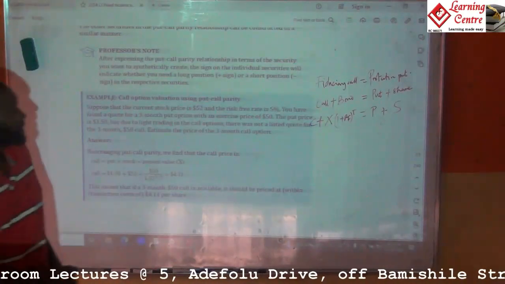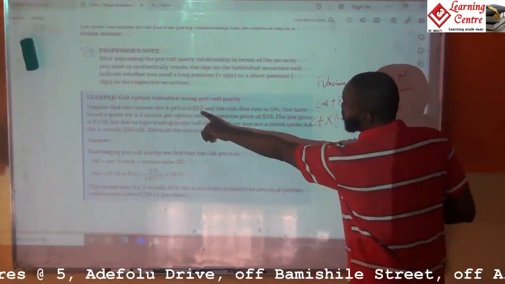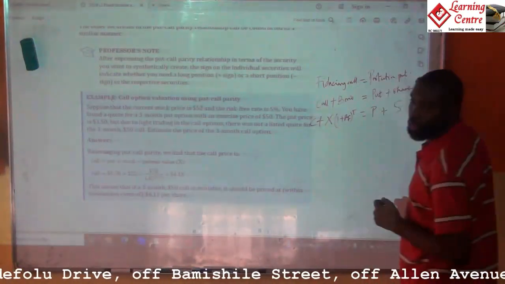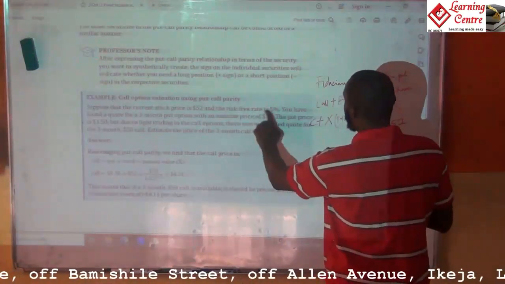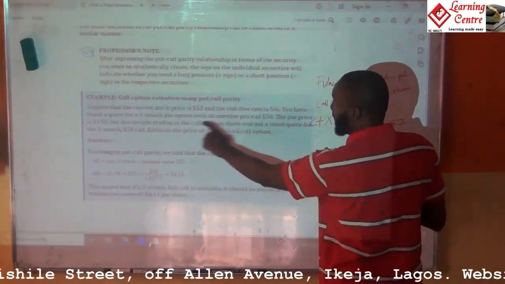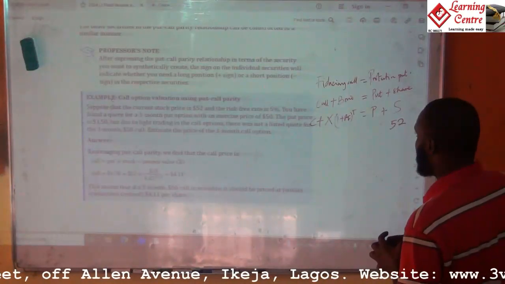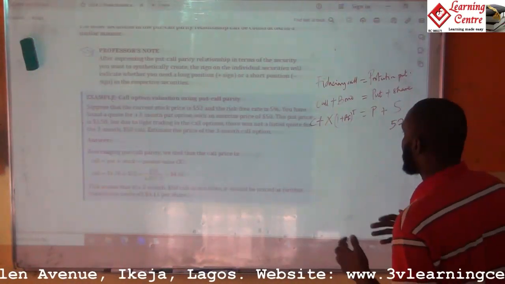The question says, suppose that the current stock price is 52. We're given a stock price, which is 52, and the risk-free rate is 5%. So we'll come here and do this. You have found a quote for a 3-month put option with an exercise price of 50.